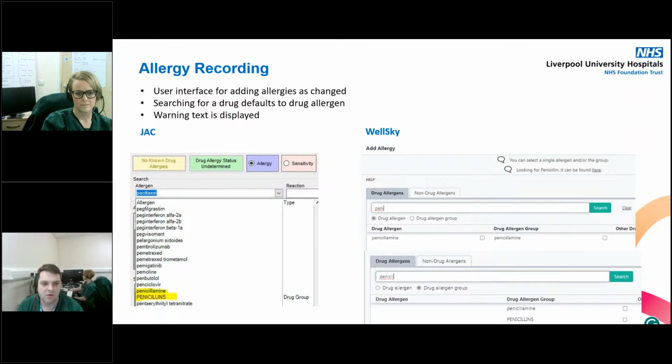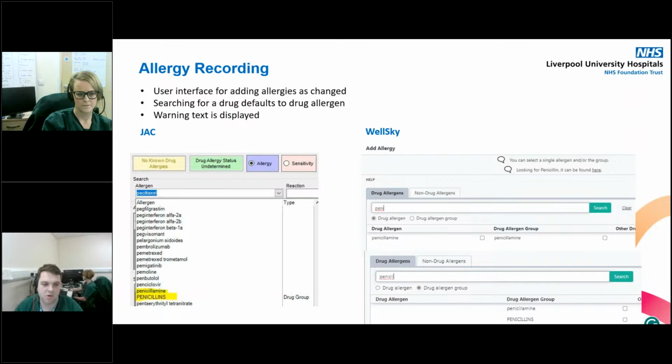So I've put an example here of the change, and I alluded to the fact that we changed from a Windows-based system to a web-based system. This changed a lot of the look and feel of the system. On the left, you can see we just had a big drop-down list for allergies, which is probably quite clunky, but it served a purpose. You can see the penicillamine, which is the issue that we're talking about today, is next to penicillins, but it's still quite easily identifiable.